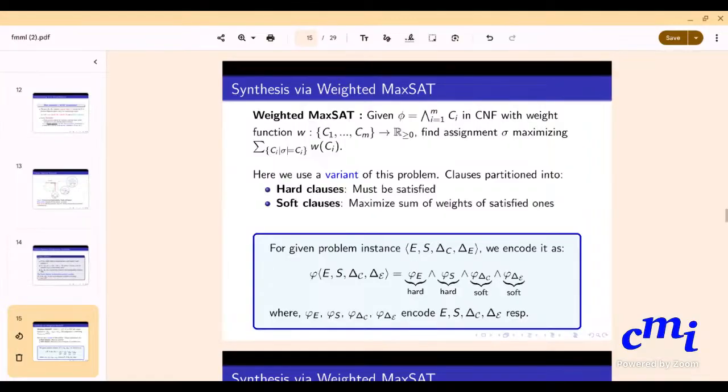And then experiments. First, introduction to maxat. Second, how do you encode it? What is maxat and how do you encode it?